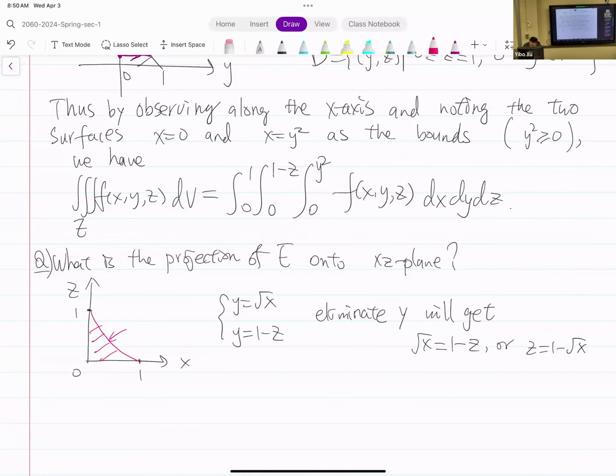This one is either z equals 1 minus square root of x, or if you describe it another way, x equals 1 minus z, the whole thing squared. So this gives you the way that you describe this projected region D. The more figures that you play with and the more experience that you get with this kind of 3D imagination, the better.